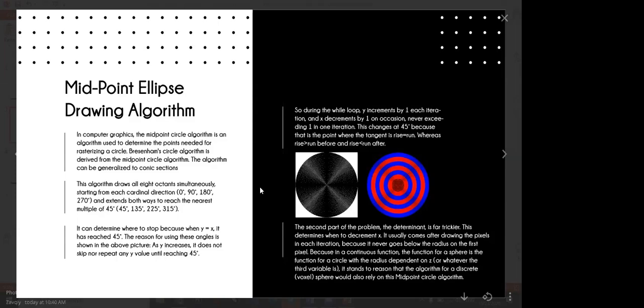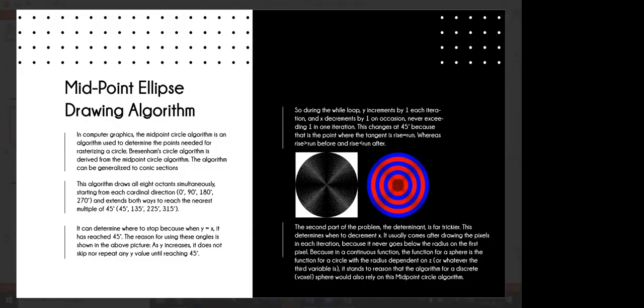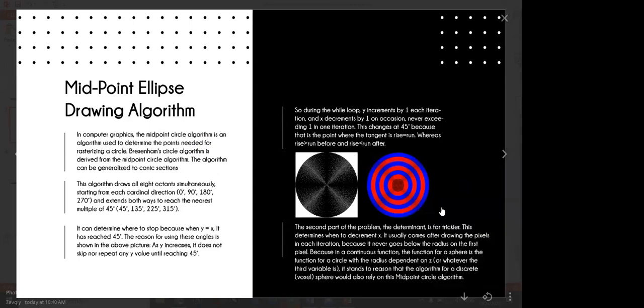Oh, my apologies. Can you see my screen? Yes. Yeah, because I can't see my screen, and I'm having a little bit of trouble. Oh my god. Okay. What is happening here? Let me turn off my program.